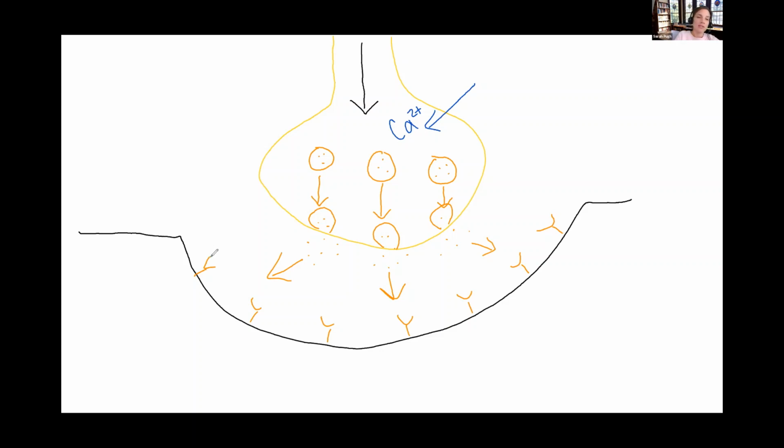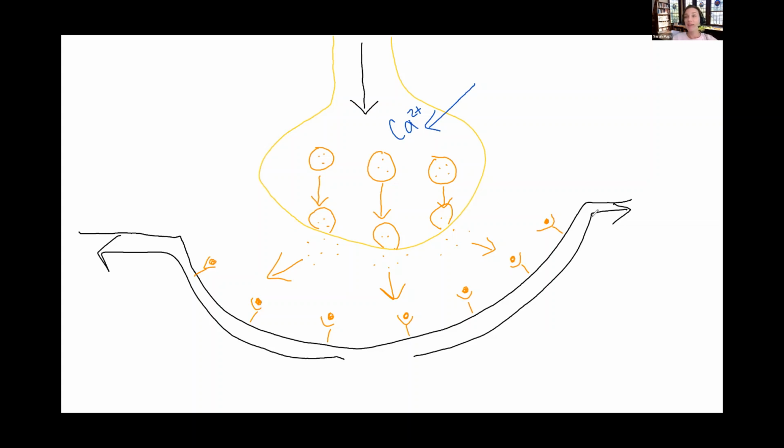Then acetylcholine is going to bind to these receptors on that motor end plate. Once those receptors pick up acetylcholine, they know that that neuron is sending a signal, and now that signal can move down the sarcolemma and down the T-tubes. So this is how an impulse has jumped from a neuron into a muscle cell.